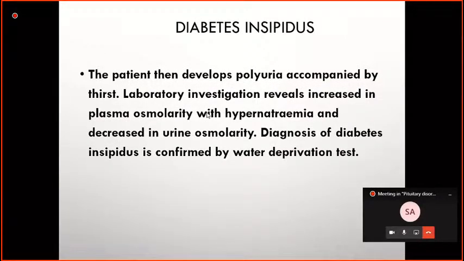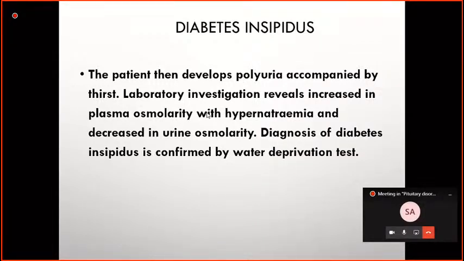So a little bit about diabetes insipidus. Another thing you want to look for when there is a pituitary tumor: remember we talked about what might cause diabetes insipidus. One, if it involves the hypothalamus. Another, if it involves the pituitary stalk.